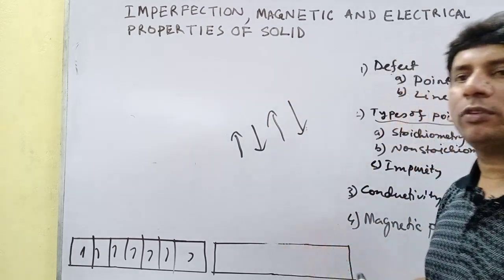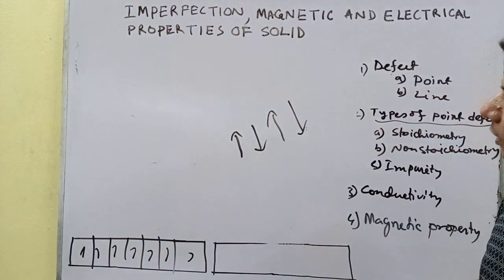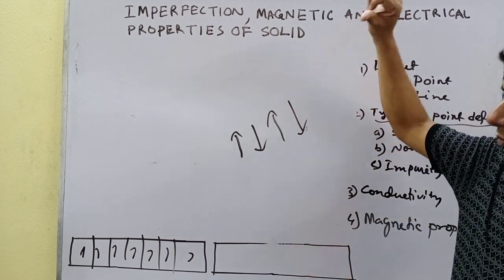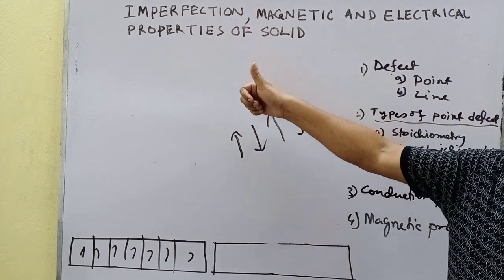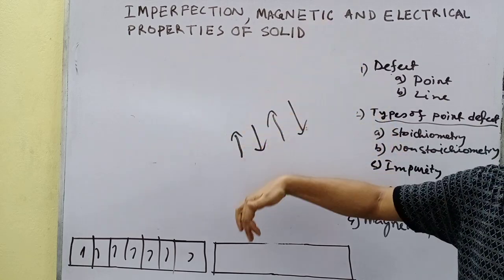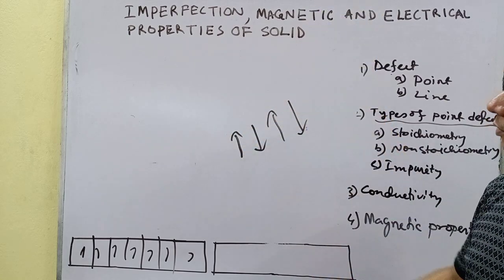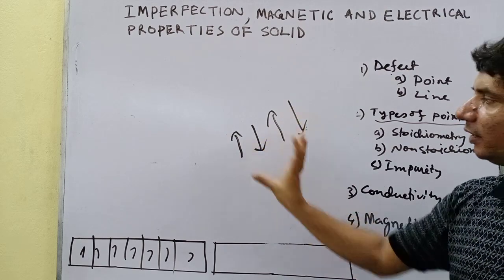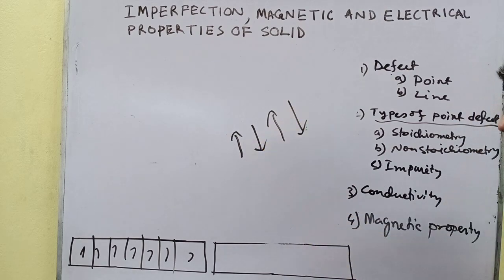In the presence of a magnetic field, some moments will be aligned towards the magnetic field and some will be opposite to the magnetic field. Then the net magnetic moment will be zero.